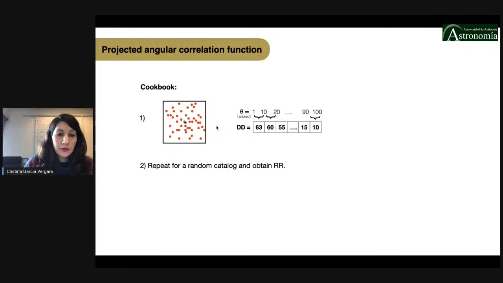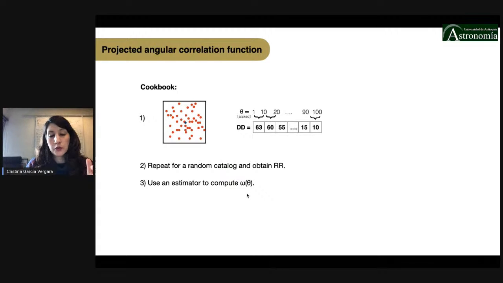You repeat the same for your random catalog. In this case, your random catalog just needs to follow the 2D position or 2D geometry of the survey that you have. Then you use an estimator to compute omega theta. Again, you can use any of the estimators that I showed before. Before I said that they are estimators for the 3D real space correlation function, but those estimators also work for the angular correlation function.